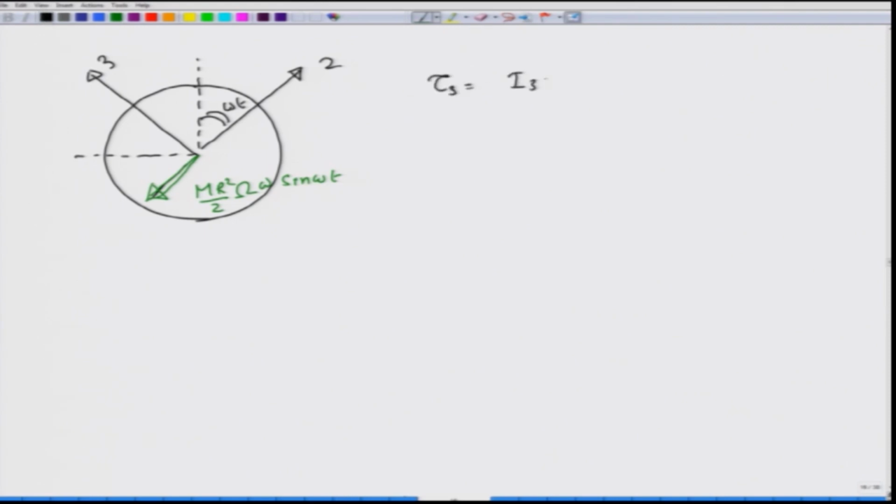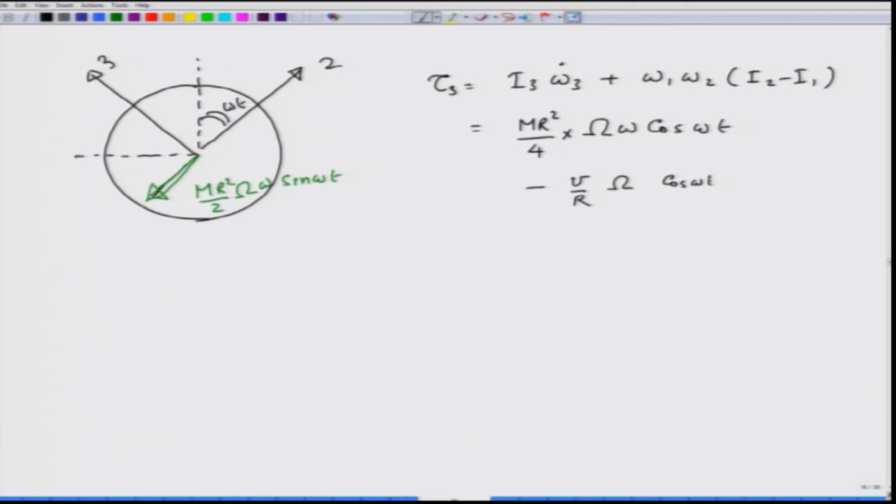is I3 omega 3 dot plus omega 1 omega 2 times I2 minus I1, and this is equal to I3, which is again mr square by 4, and omega 3 dot is nothing but capital omega omega cosine of omega t, plus omega 1, which is minus V over R, omega 2, which is capital omega cosine of omega t, and I2 minus I1 is minus mr square by 4, with V over R equal to omega.